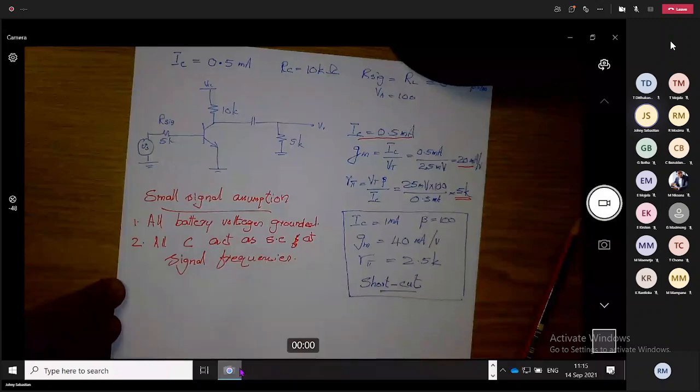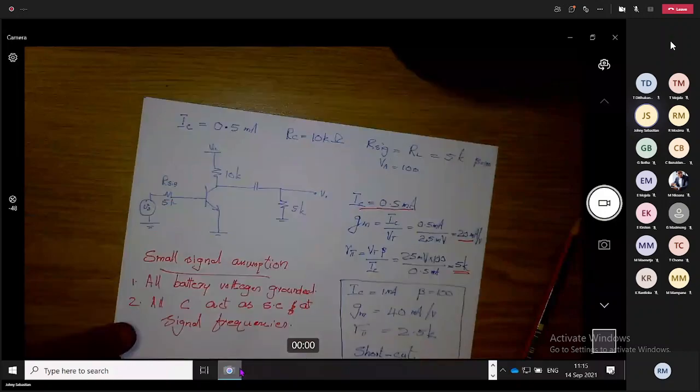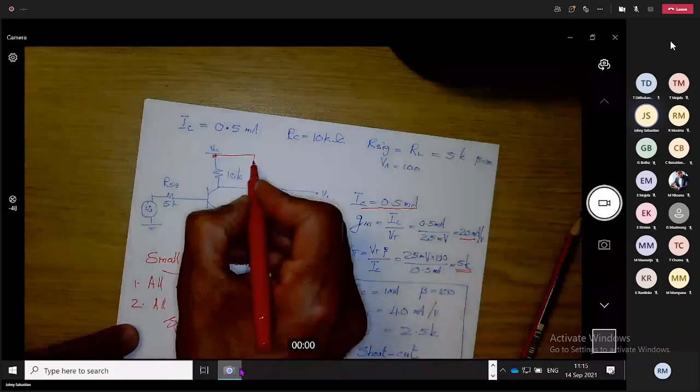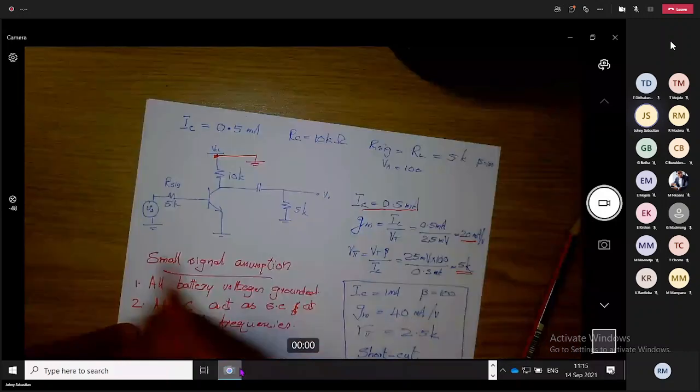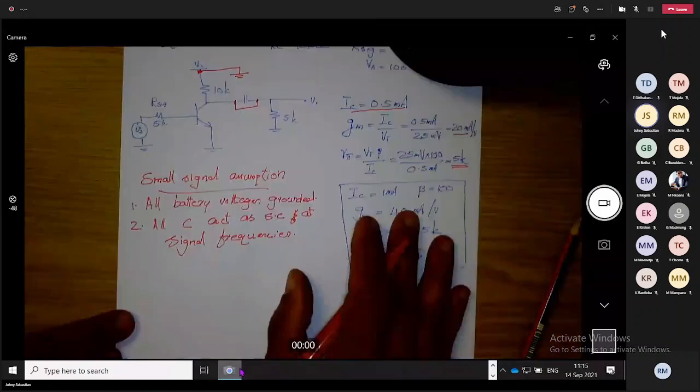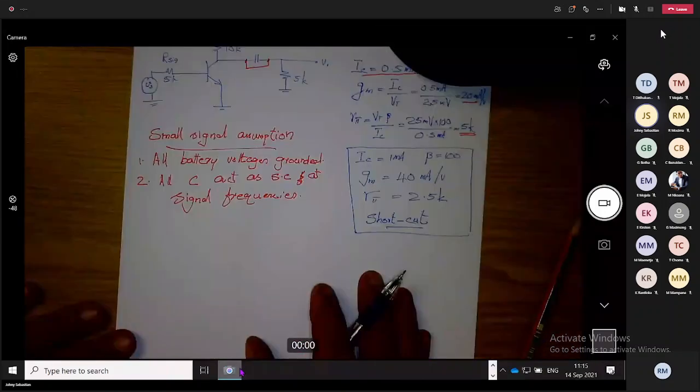Basically, that means battery is grounded, capacitor is shorted. So with the help of two assumptions, we can make the small signal model.